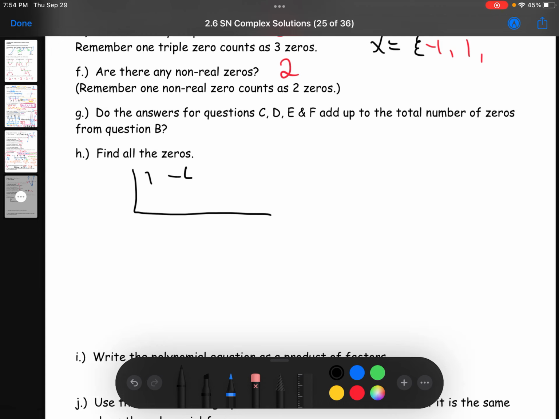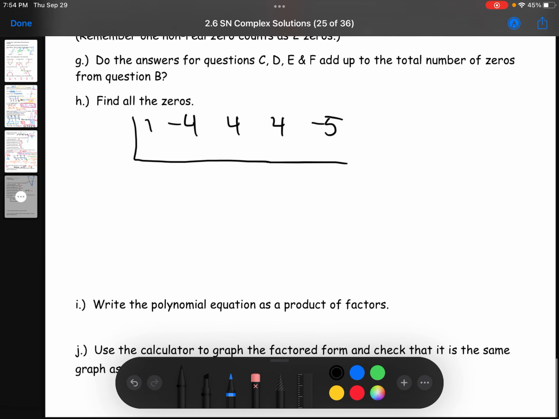So 1, -4, 4, 4, -5 are our coefficients. Okay, we know we have a root at x equals -1. So we know we have a factor of x plus 1. So we'll divide that out with a -1.